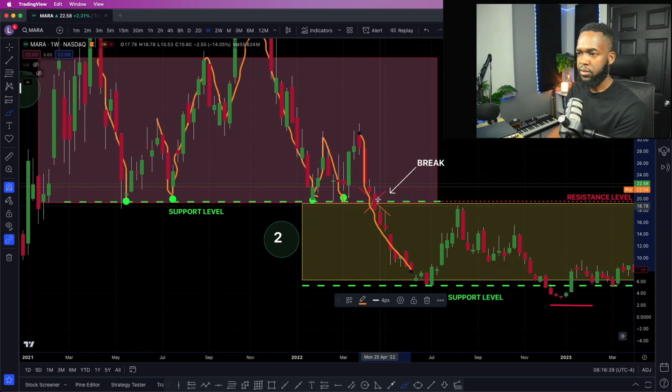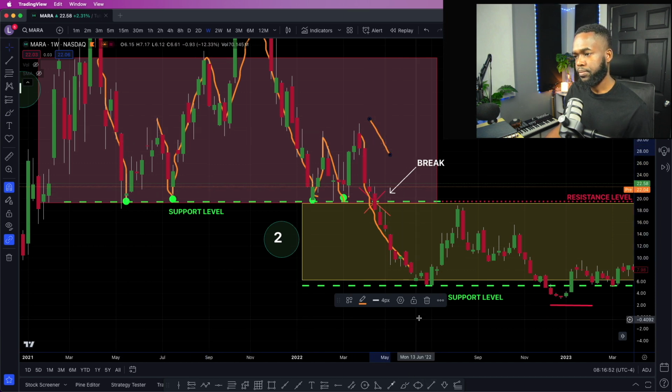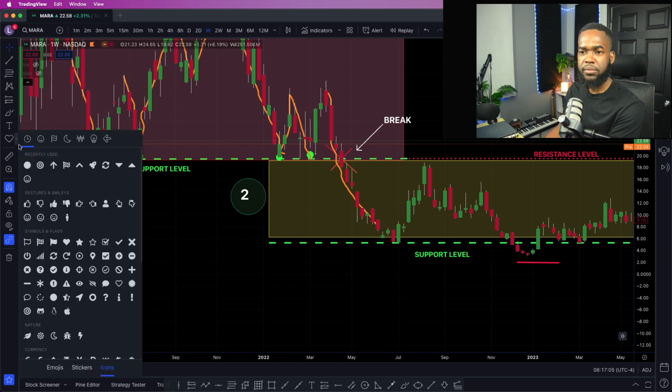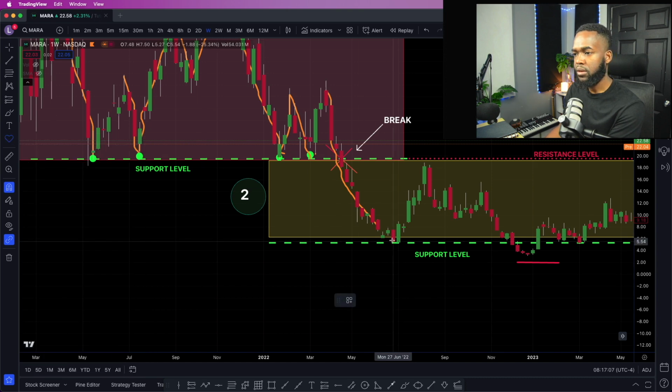Right there, price decided to break this area after many rejections. When price breaks this area, price comes down here and stops. Now that price has stopped, we can do the same thing and mark this level as a point of interest.